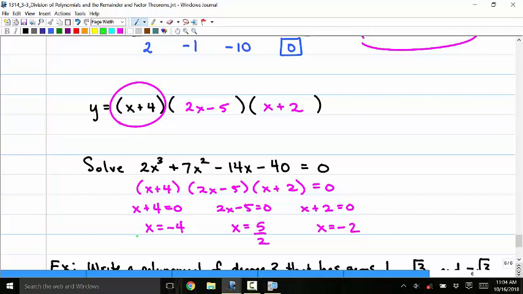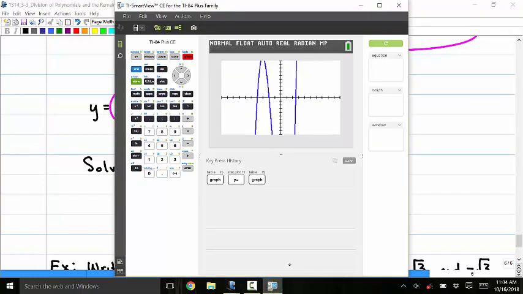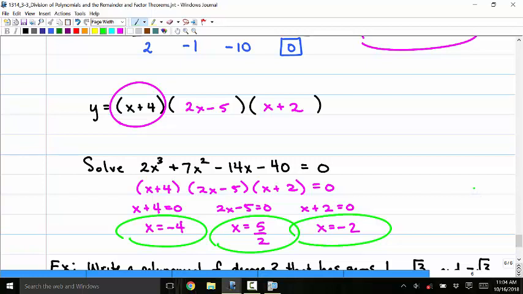These 3 numbers, negative 4, 5 halves, and negative 2, correspond to my x-intercepts. Everybody following? When you're finding the zeros, aka the roots, you're finding the x-intercepts of that polynomial function.